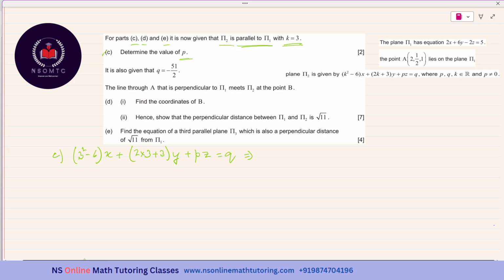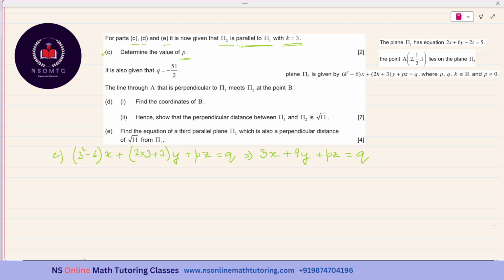Okay. So 3 square is 9, 9 minus 6 is 3. And this is 2 times 3 is 6, 6 plus 3 is 9. And plus pz is equal to q.